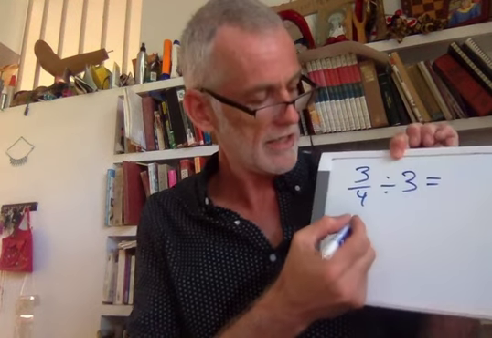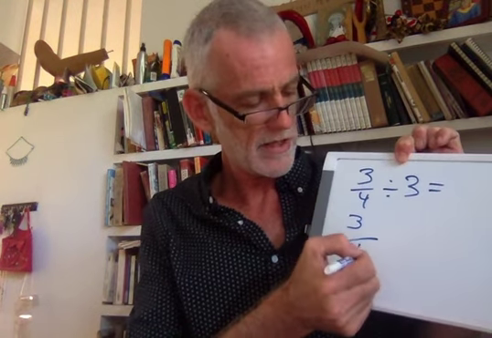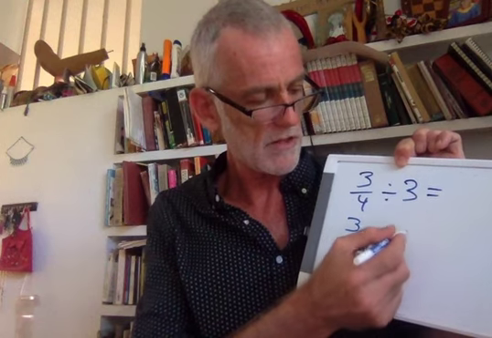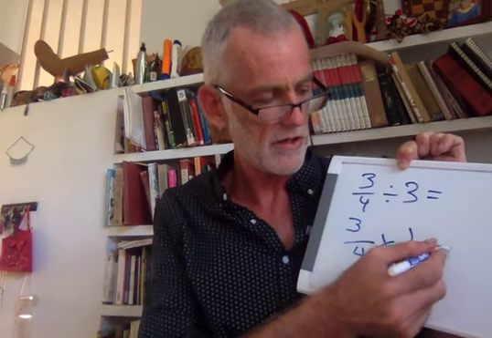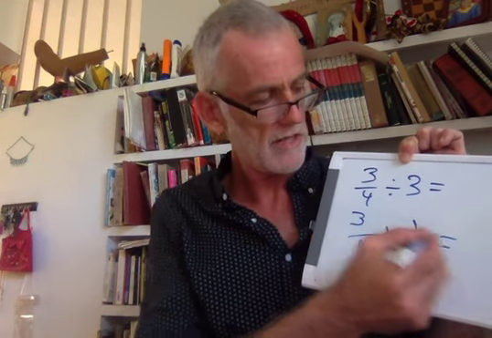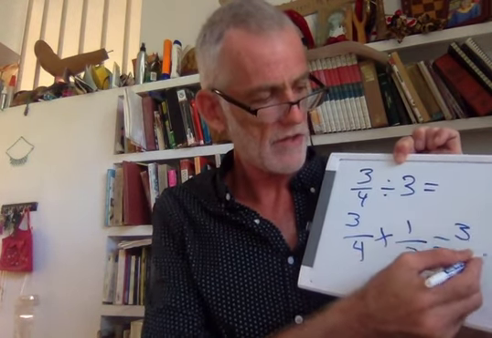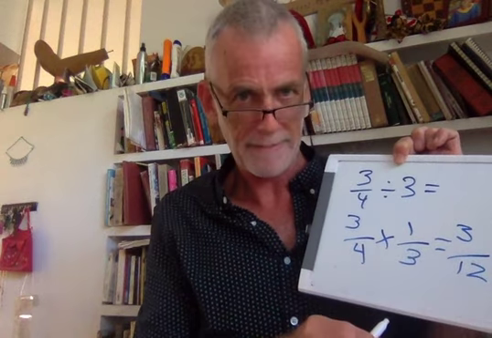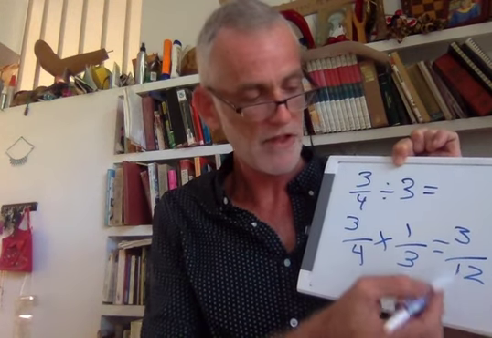Let's do this real quick, because this is one of those where you can do it two different ways. What is it? 3/4 divided by 3 is the same as 3/4 times 1/3. 3 times 1 is 3, 4 times 3 is 12. Simplify. You can divide them both by 3.